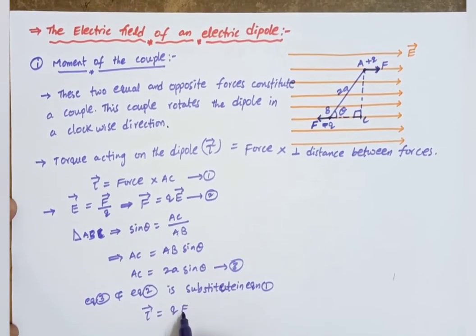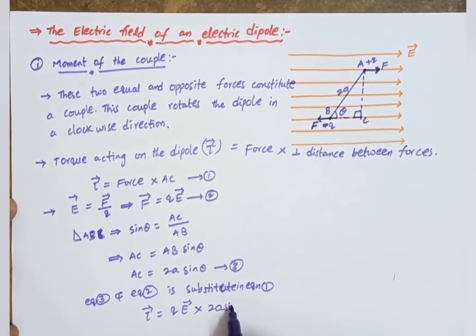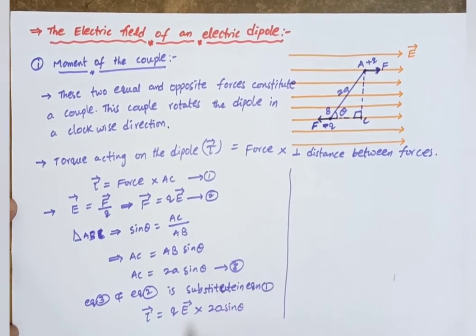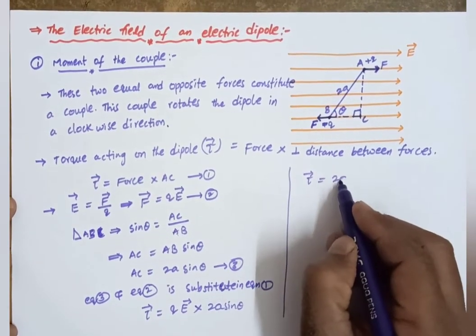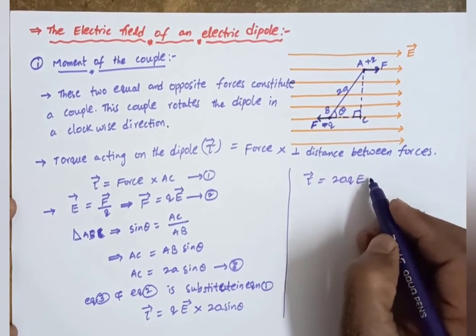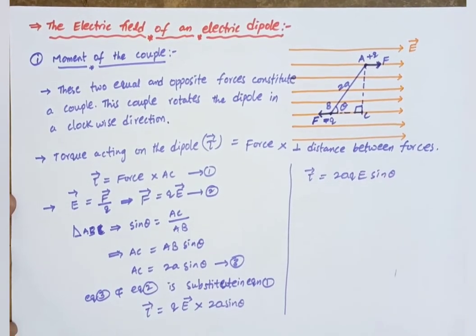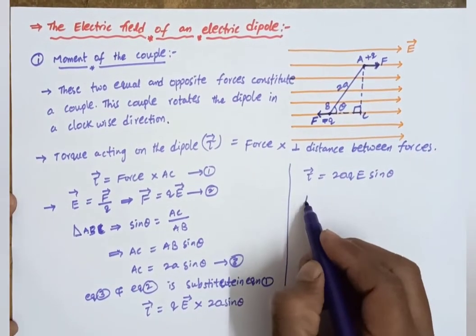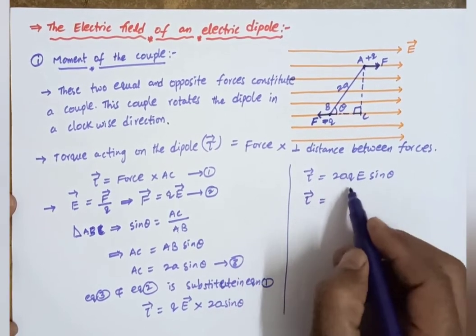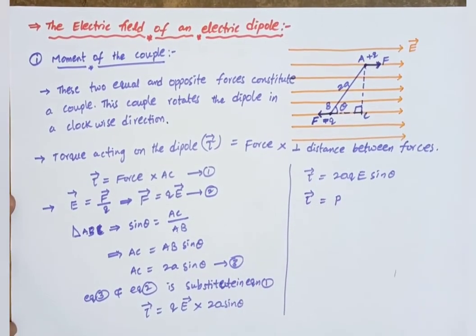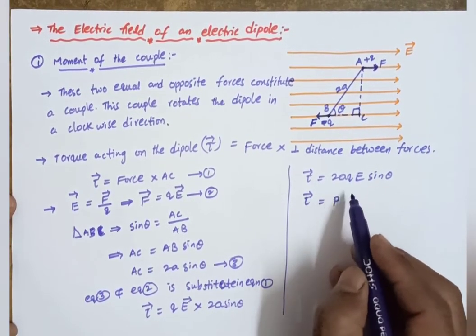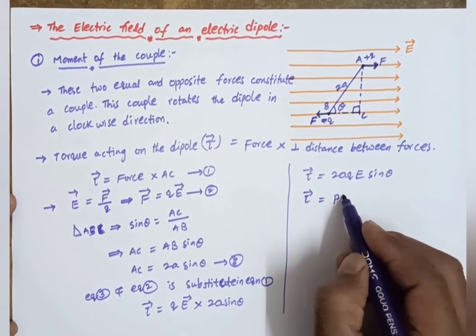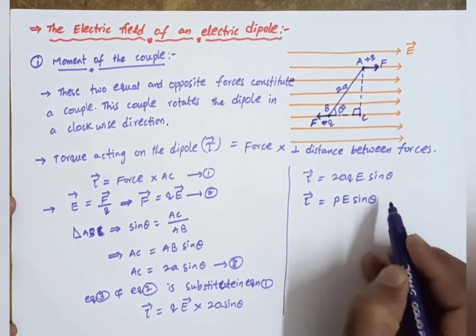Q into E bar into 2A sin theta. So it is also written as 2AQ E sin theta. Now 2AQ is nothing but P, the dipole moment. So tau equals dipole moment P E sin theta.